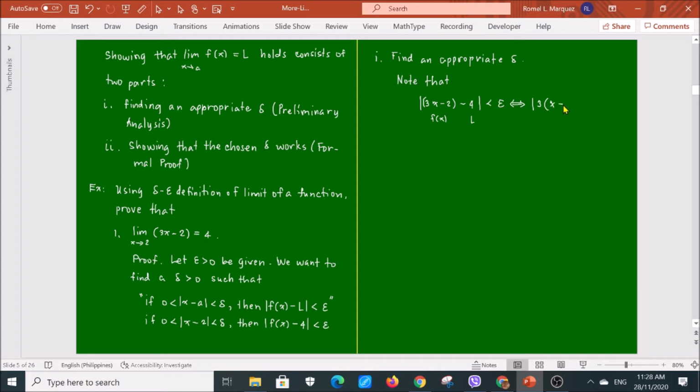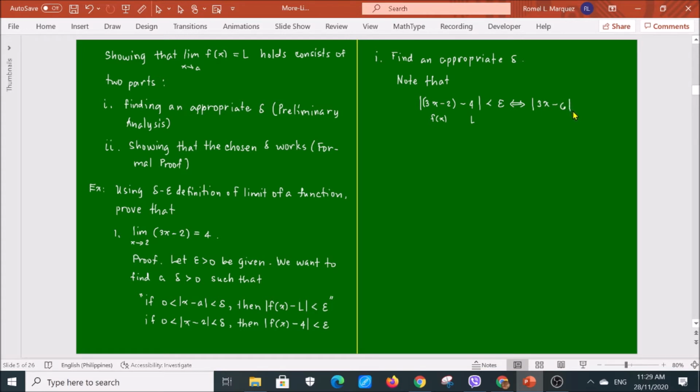So x minus, this is minus what? Minus 2, no? Absolute value of such. So remember, 3x minus 2 minus 4 means what? Means 3x. I will write it first so that you will not be confused. Simplify first. So it means 3x minus 6.